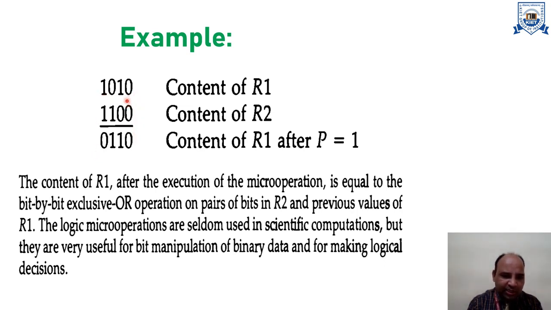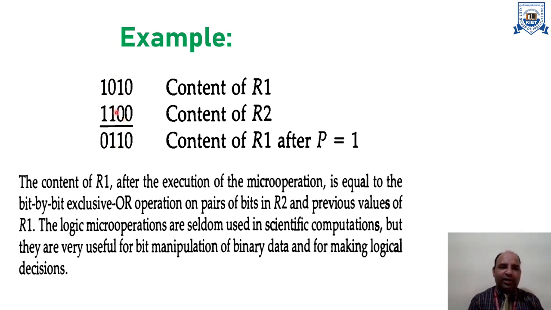But in the second and third positions, you can see 1 0 and 0 1. The outcome of these two operations is 1 for 1 0 and 1 for 0 1, because the bits are different.